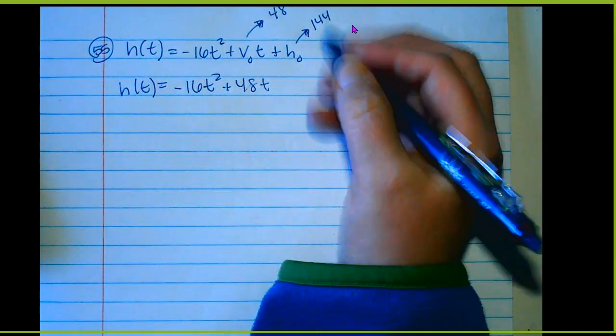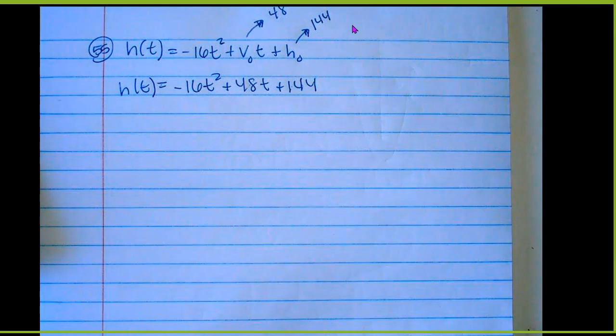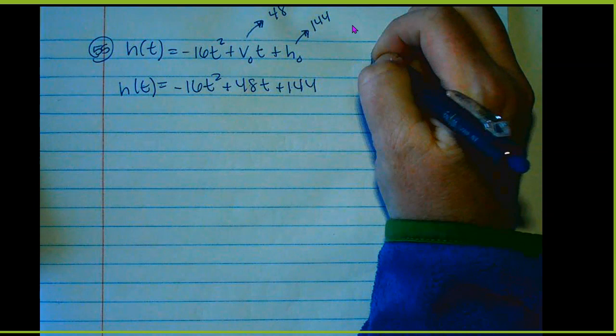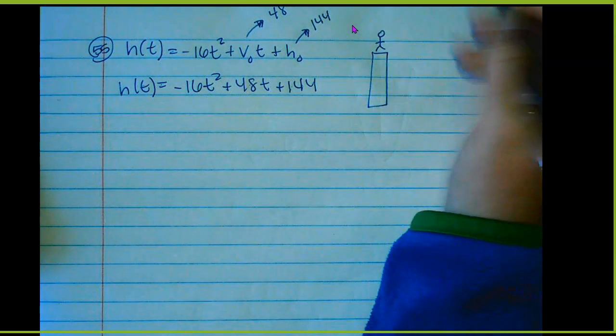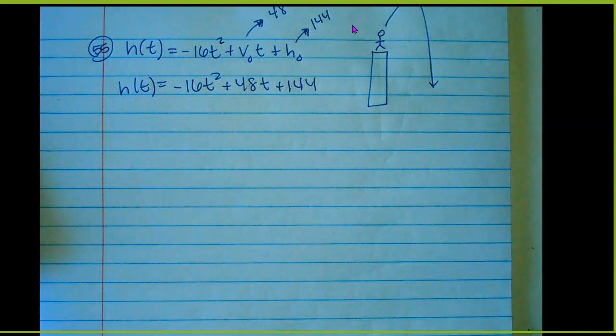Okay. So now we have h of t equals negative 16t squared plus 48t plus 144. It says a ball is thrown upward from a velocity of so and so. What is the maximum height of the ball? So you can imagine there's a building and there's a person here and they're throwing a ball and we're looking for this, right?